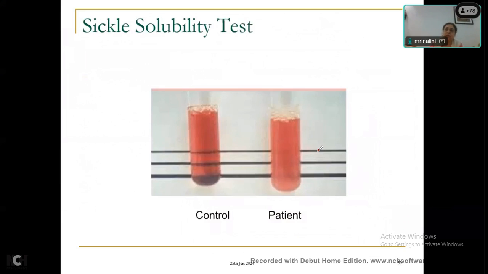So this is a solubility test. Can you interpret it? Yes, ma'am. In the solubility test, we basically cause hemolysis, and if the solution turns turbid, then it's positive, which in this case is positive as we cannot see the lines through the test tube. So the sickle solubility test is positive, which means sickle hemoglobin is present.